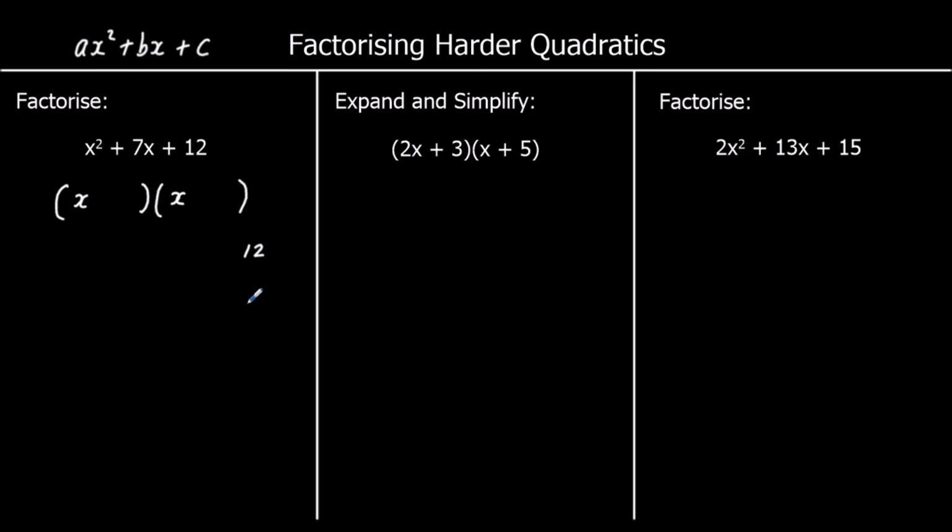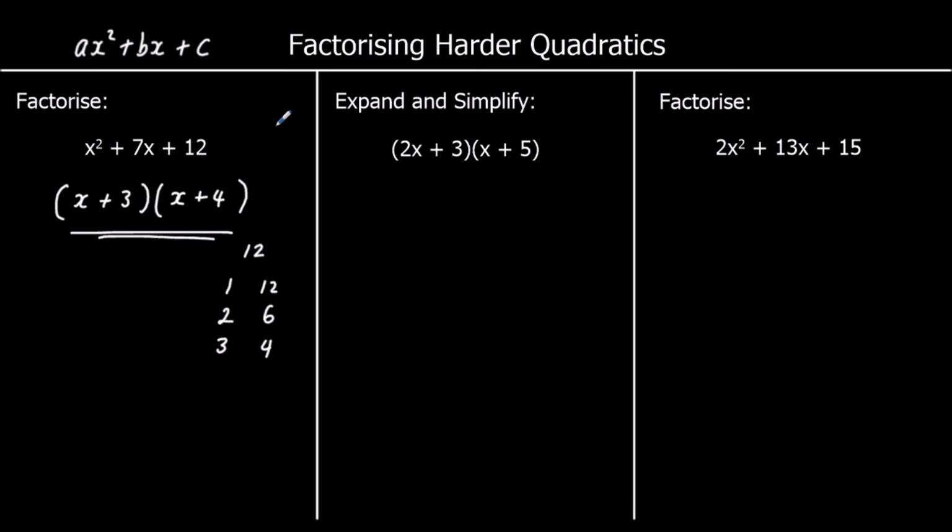So if we write down the numbers that multiply to make 12, that's 1 and 12, 2 and 6, or 3 and 4. Which of those will add to make 7? It's 3 and 4, a positive 3 and a positive 4. So that's factorized, that's put into brackets. And if we expanded and simplified this, we would get back to our question.